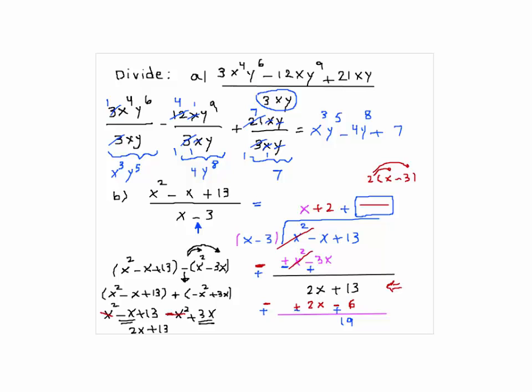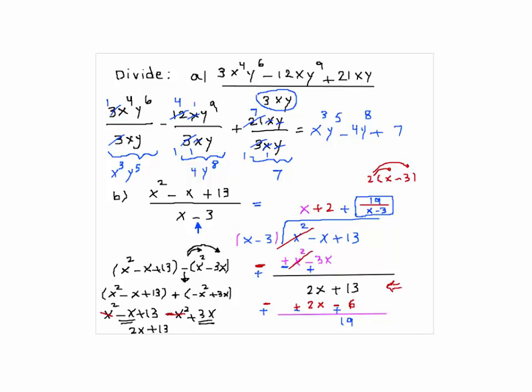Can somebody tell me what I have to put at the top and bottom of the fraction to get 19? Jennifer said at the top I have to put 19. Yes. Always the number at the top of the fraction would be the remainder. What are we going to put at the bottom of the fraction? Danielle? The x minus 3. Right, x minus 3.